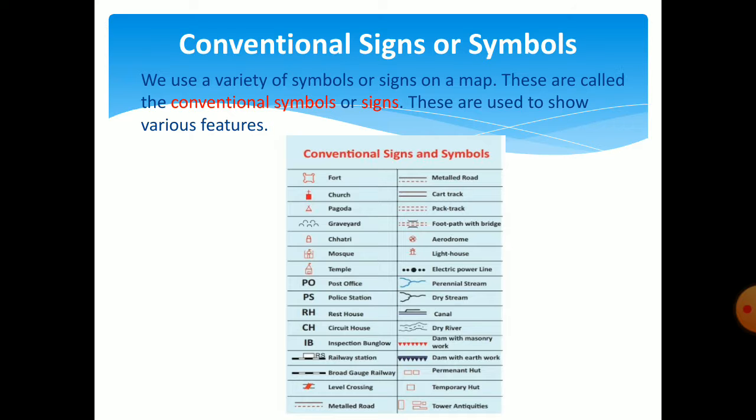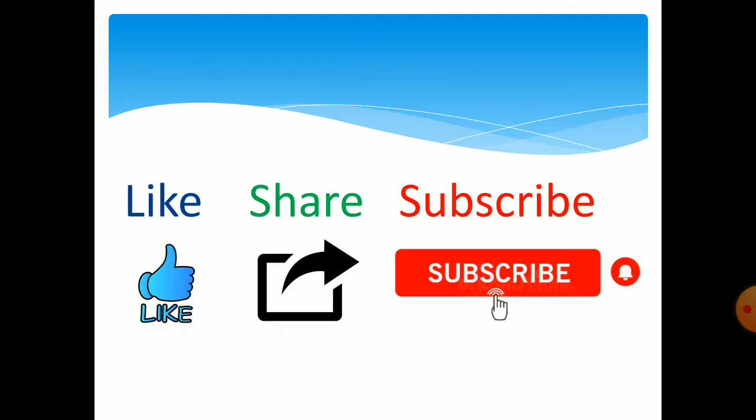For which purpose do we use them? For showing the boundaries, roads, railways, then the water systems. There are different types of water systems, vegetation, monuments, settlements. To show all these things on the map, we use different signs or symbols. These are called conventional signs or symbols.